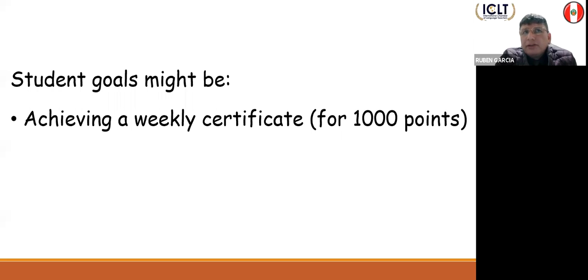You can have a chart with the names of the students, and give them certain points for every participation they have until 1,000 points, when you give the bonus points.